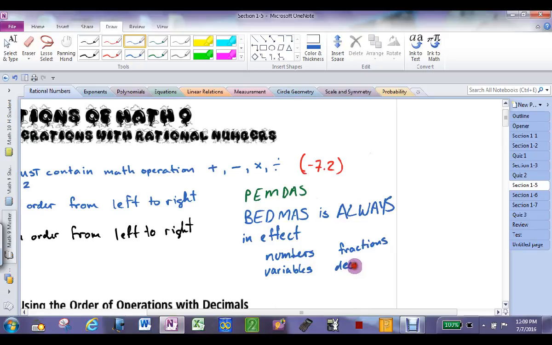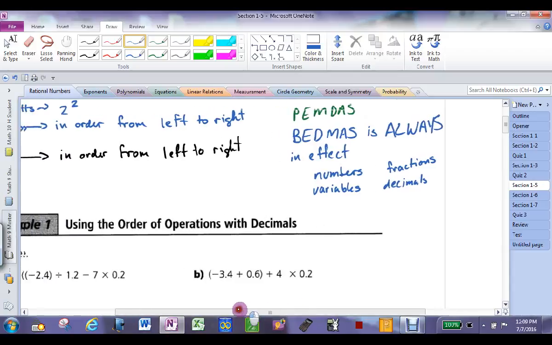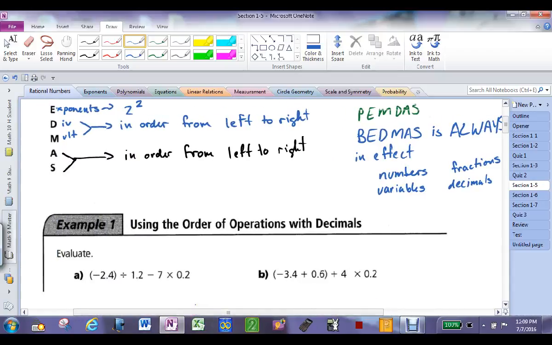If there's decimals, BEDMAS rules apply. Always. Even if these are mixed up, even if you have decimals with variables and fractions, you still follow the BEDMAS rules. Just because it looks different doesn't mean you do the math any differently. Cool?